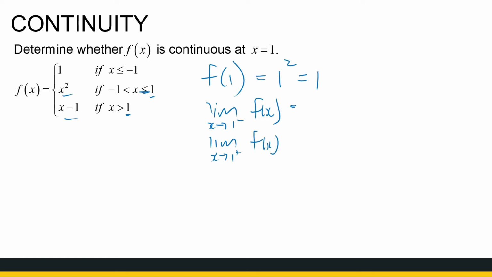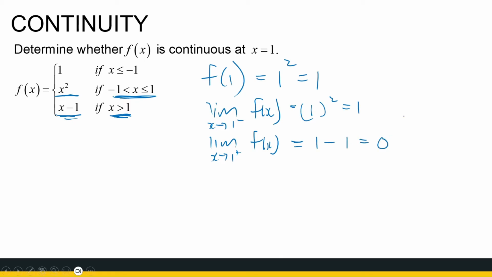So as x approaches 1 from the negative side, it's values of x smaller than 1, so we're going to look at x squared. So that is 1 squared, which gives me 1. As x approaches 1 from the positive side, it's values of x larger than 1. So it's x minus 1, so it'll be 1 minus 1, which is 0.